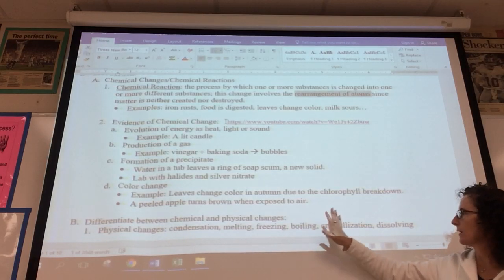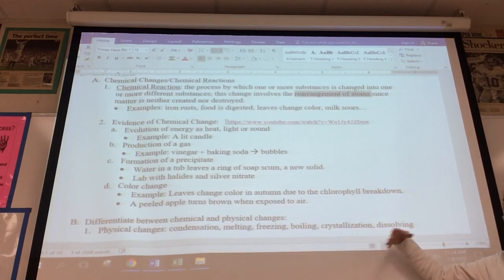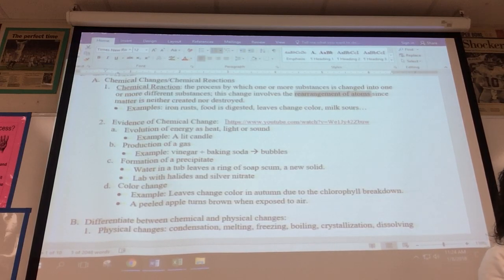Melting, freezing, boiling, crystallizing, all phase changes, which are examples of physical changes. Be careful, there are more types of physical changes than just phase changes. Dissolving would be one, where if you dissolve salt in water, you have salt water, but you can boil off the water and get the salt back.